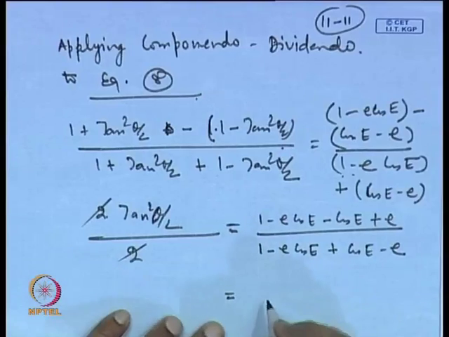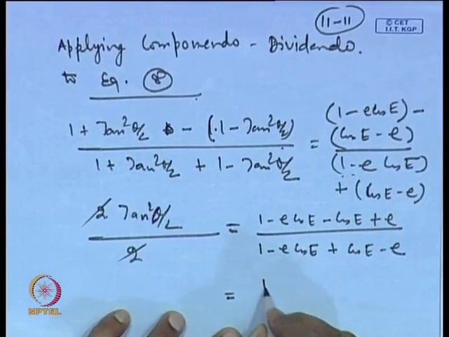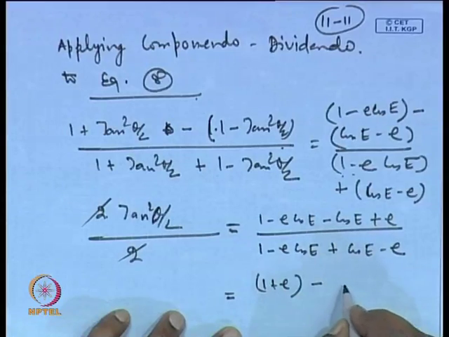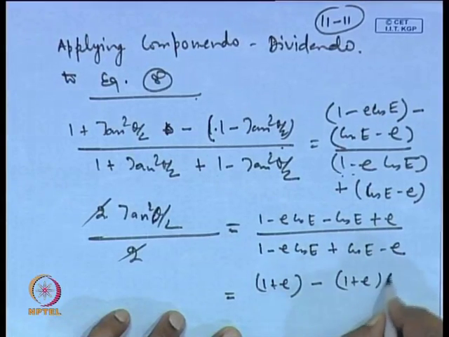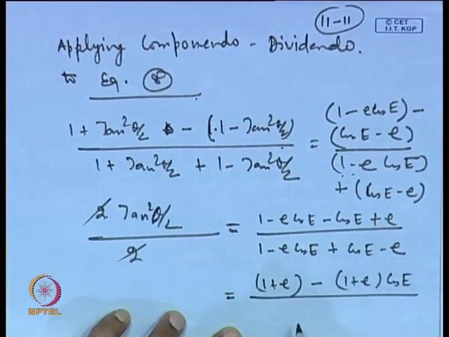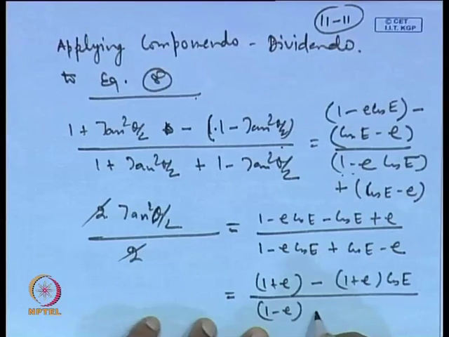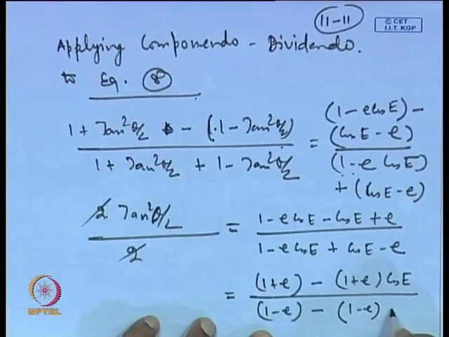So, the right hand side will become equal to 1 plus e minus 1 plus e cos E, divided by 1 minus e, and then if we take minus e from here, this will be 1 minus e cos E.